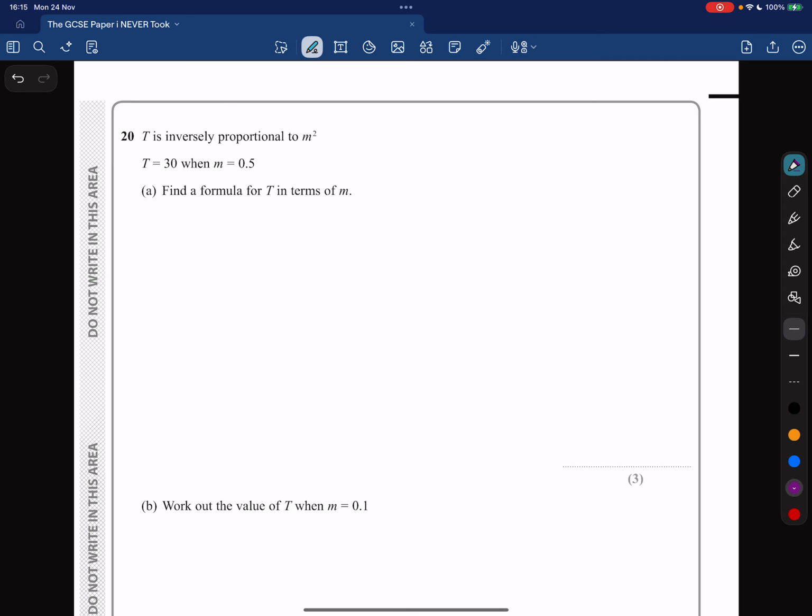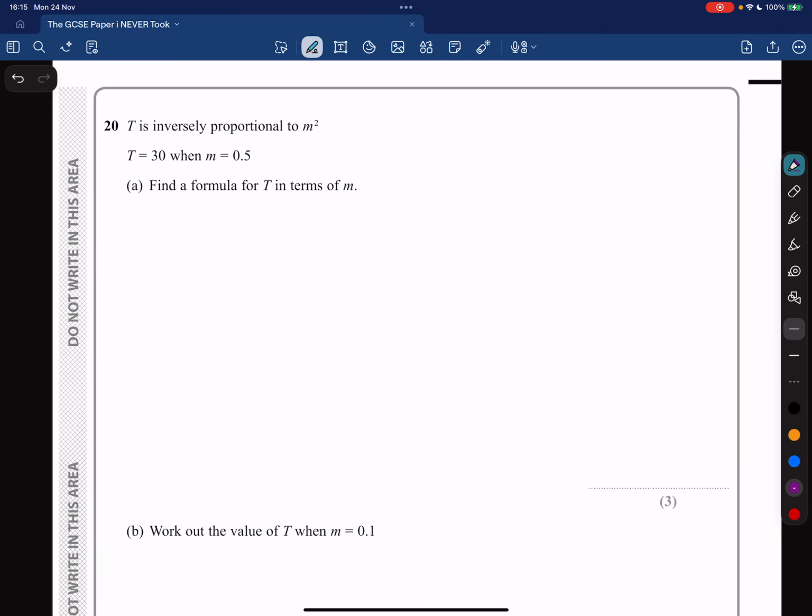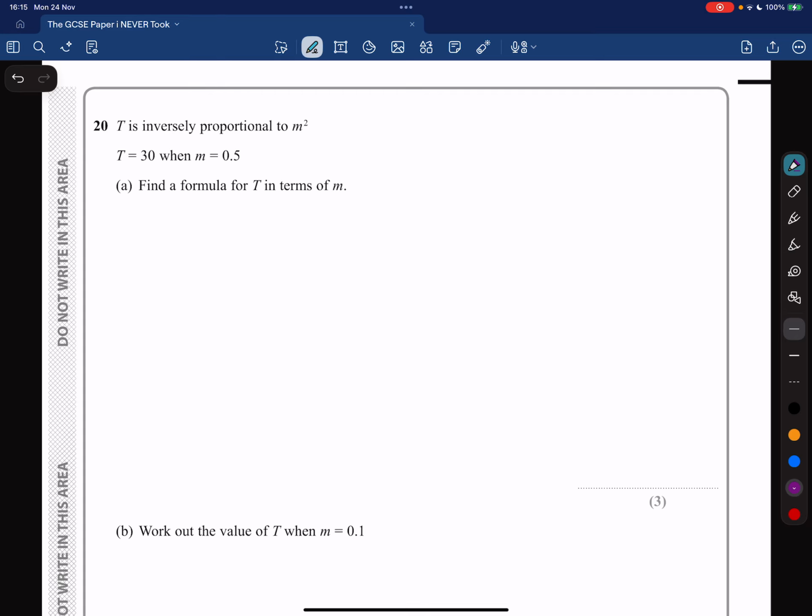T is inversely proportional to M. T is equal to 30 when M is equal to 0.5. So this shows this relationship. I can't draw anymore. So that's proportionality to 1 over M squared, which goes T is equal to K over M squared.